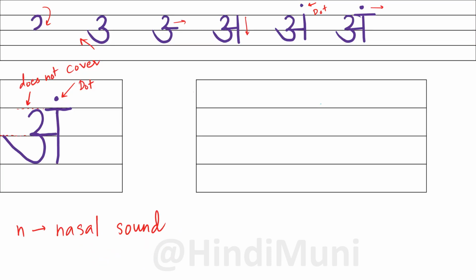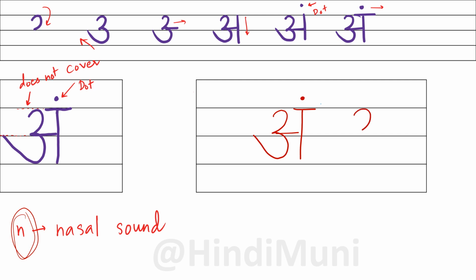Okay. The next vowel that we'll be looking at is ang. It's a nasal sound. Ng. The representation of it is done using n. The way to write it is pretty simple. You just write the alphabet very similar to a, and then you put a dot.